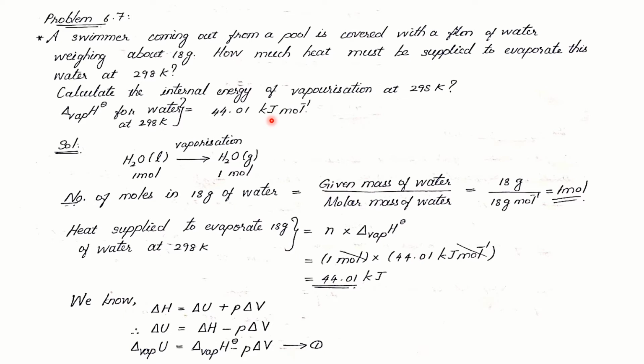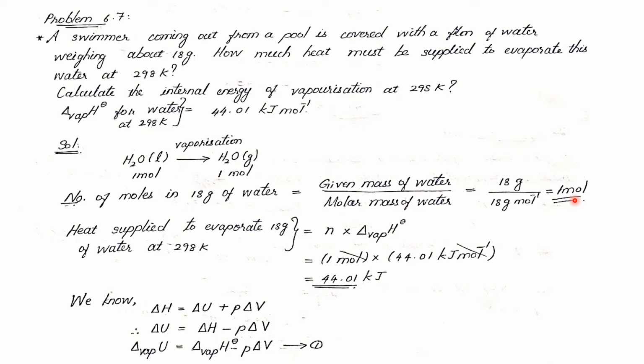Okay, so in the situation provided, we have 18 grams of water, right? So let's convert it to moles. How would we do that? We would divide the given mass of water by the molar mass of water. We know the molar mass of water is 18 grams per mole. So on dividing the given mass of water, which is 18 grams, by 18 grams per mole, that is the molar mass of water, we get 1 mole as the answer.